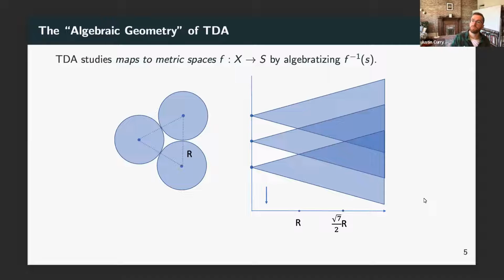But I'm of the belief that this actually misses out on the real power of TDA, which is that we have now new tools for understanding the topology of level sets of a map when we're mapping to a metric space. And so for me, really what TDA does is it algebraizes the fiber, that's the inverse image of a point, via either pi0, turning it into a set, or via homology, turning it into a vector space.